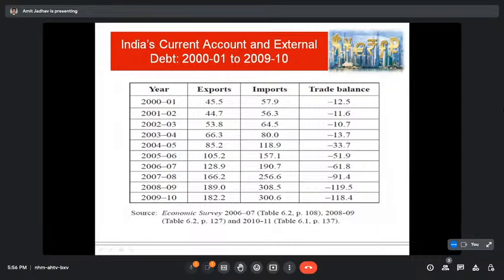So we try to connect this trade balance to the external debt, because to fulfill such a trade deficit we need some amount, and that amount we are getting from external sources in the form of external debt.